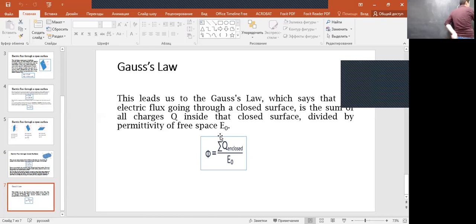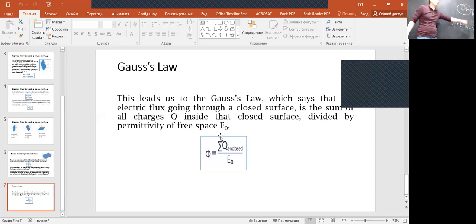So how should we calculate this one? The flux is equal to E multiplied by A, right? And the E is equal to K multiplied by Q divided by R squared, right?